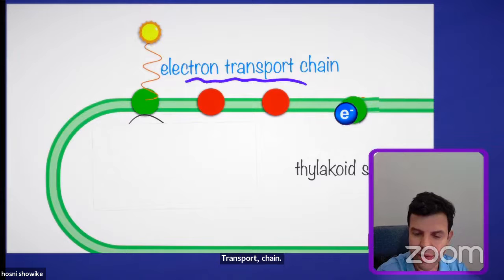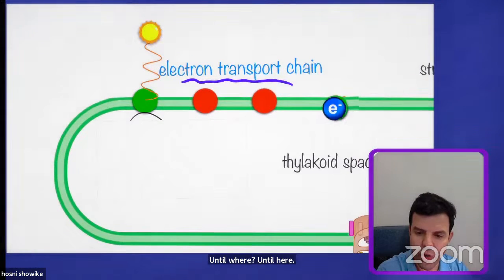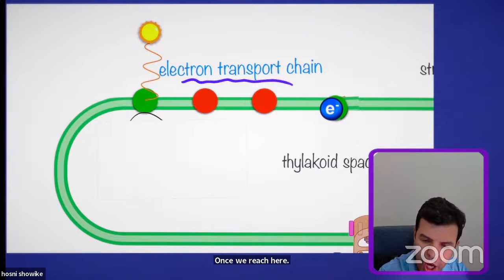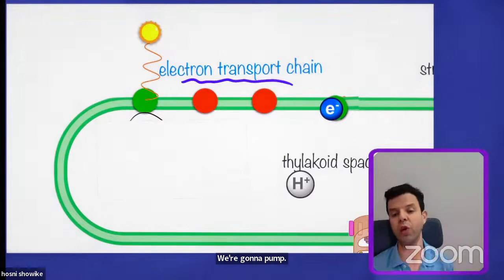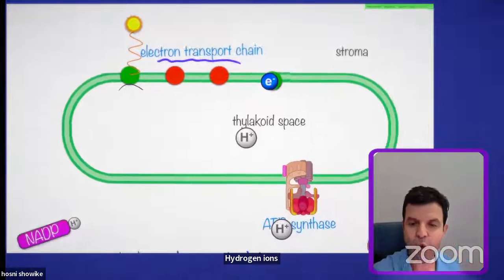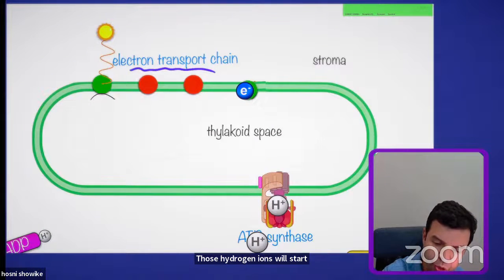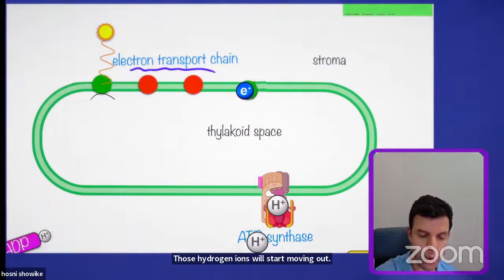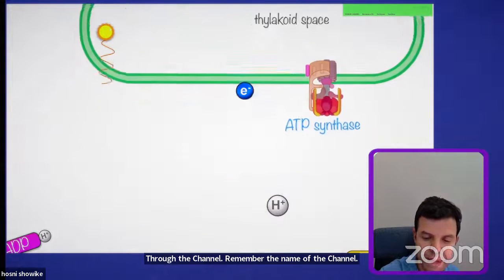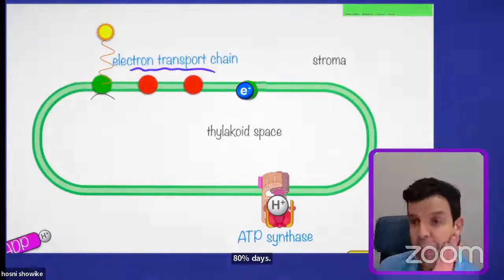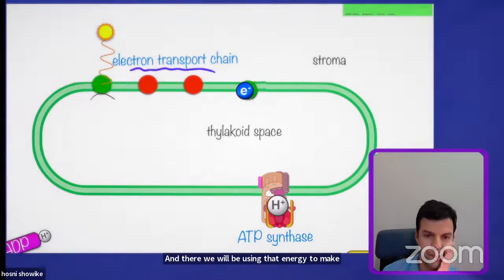Until here. Then, once we reach here, we're going to pump hydrogen ions inside that thylakoid space. Those hydrogen ions will start moving out through the channel. Remember the name of the channel? We called it ATP synthase. And there we will be using that energy to make ATP.